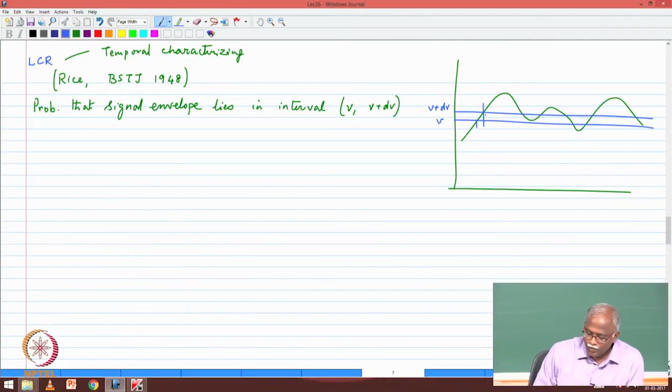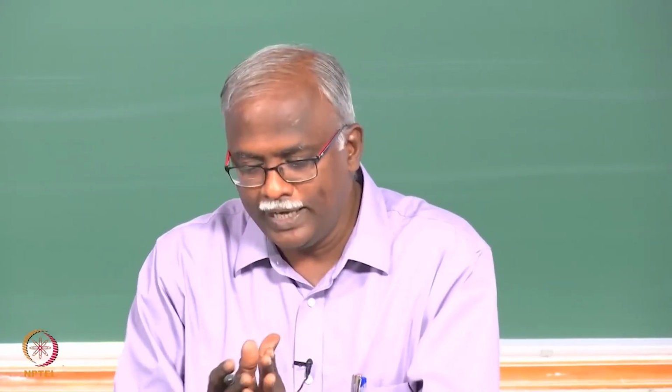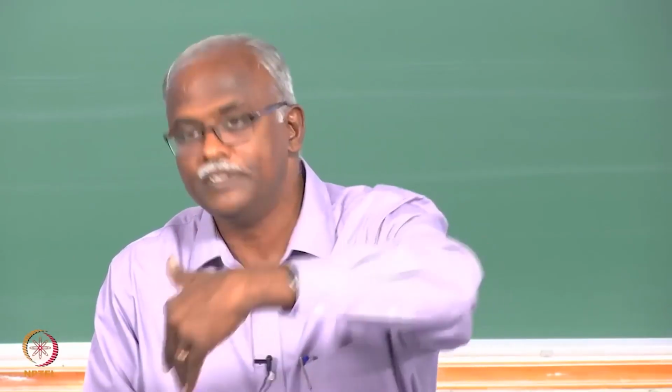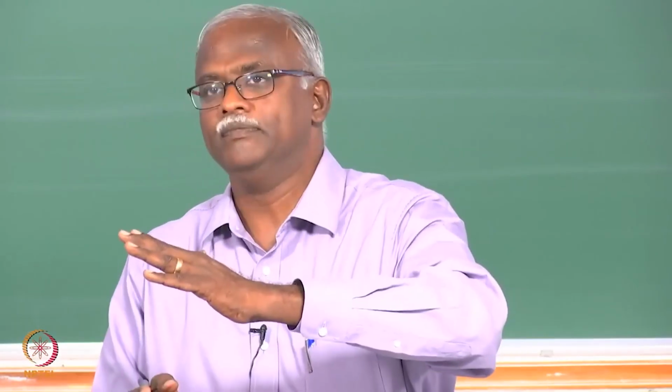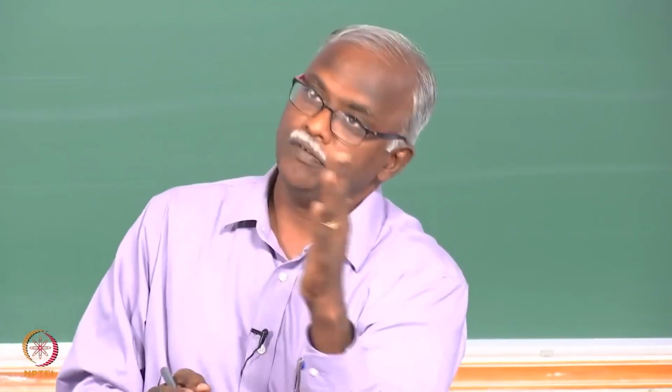Okay. Now, keep in mind that this is the fluctuation of the envelope. The fluctuation of the envelope depends on several parameters. The slope of this fluctuation is a random process, so therefore I cannot predict it. The slope can theoretically be positive or negative. If it is increasing, it will be positive. If it is decreasing, it is negative, and it can go all the way from being almost flat, which means very low Doppler, to very high Doppler.